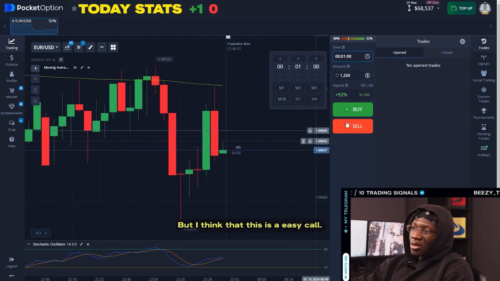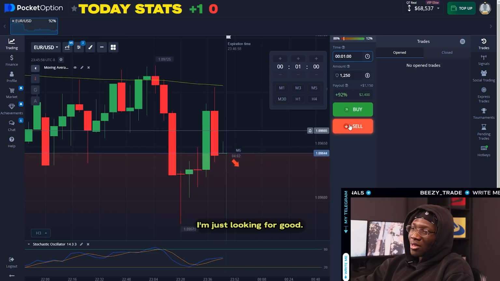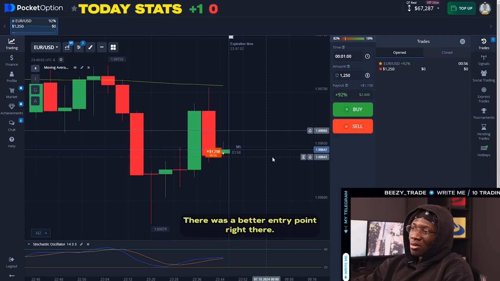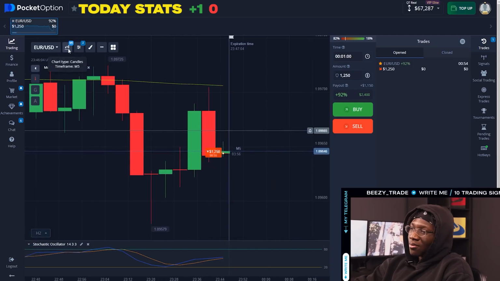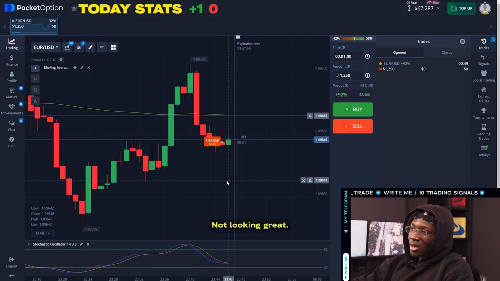But I think that this is an easy call for 1 minute. We might be able to take some profits off this. I'm late with my entry. There was a better entry point right there. So we'll go to our 1 minute chart. Not looking great.